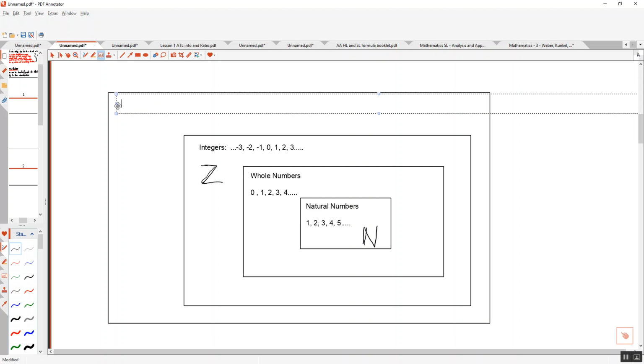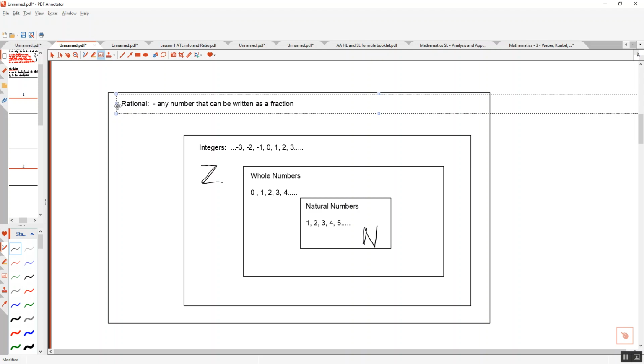So the integers, whole numbers, and natural numbers, we call these rational numbers, okay? Now, why do you think we use rational? We said that this is any number that can be written as a fraction.